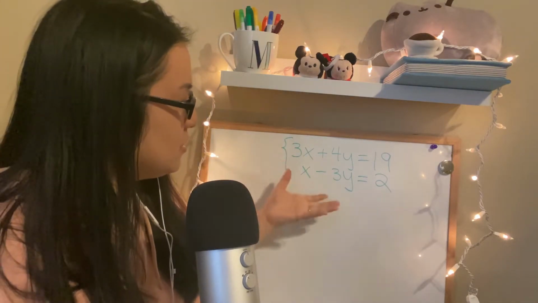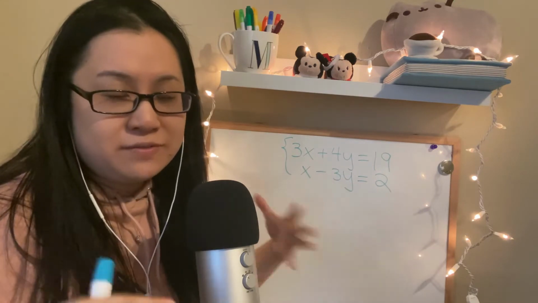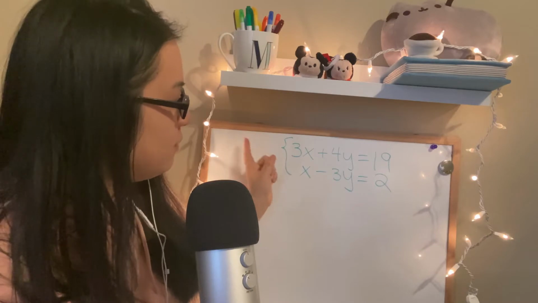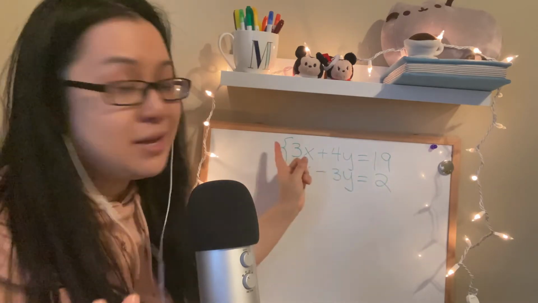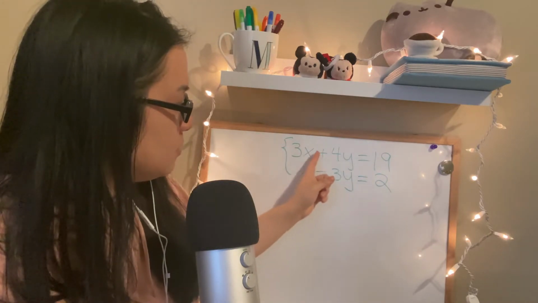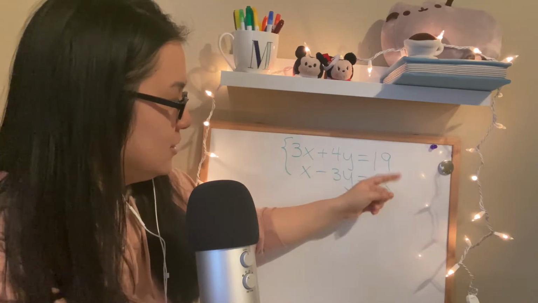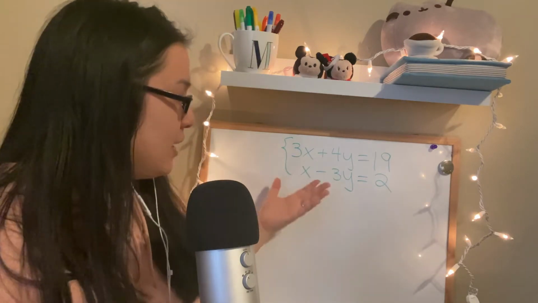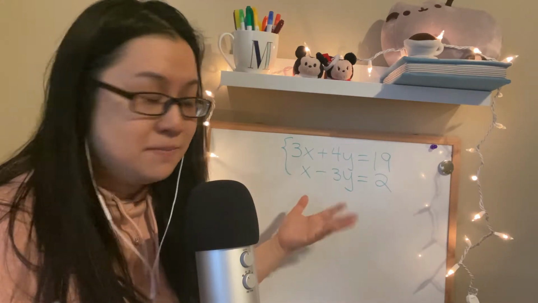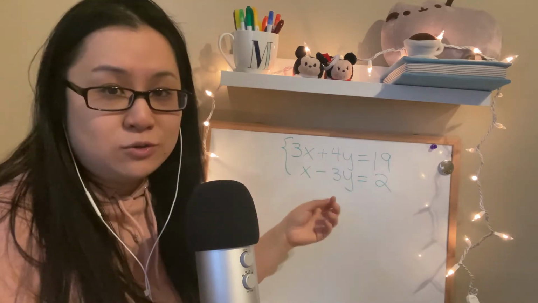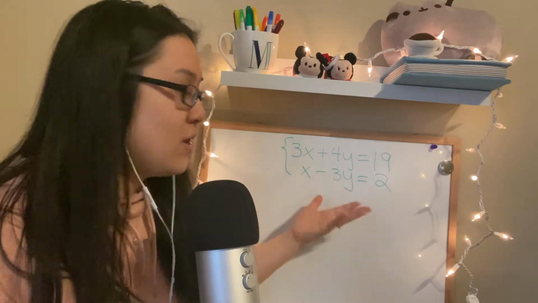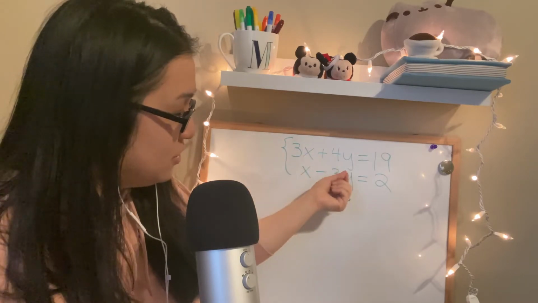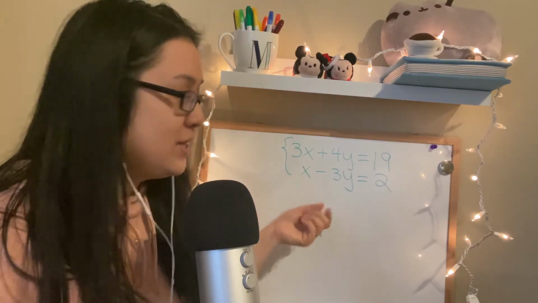And the reason we want some kind of trick: if we look at just the first equation by itself, 3x plus 4y equals 19, that alone actually has infinitely many possible x and y values that satisfy this. 3 times some number plus 4 times another number gives me 19.